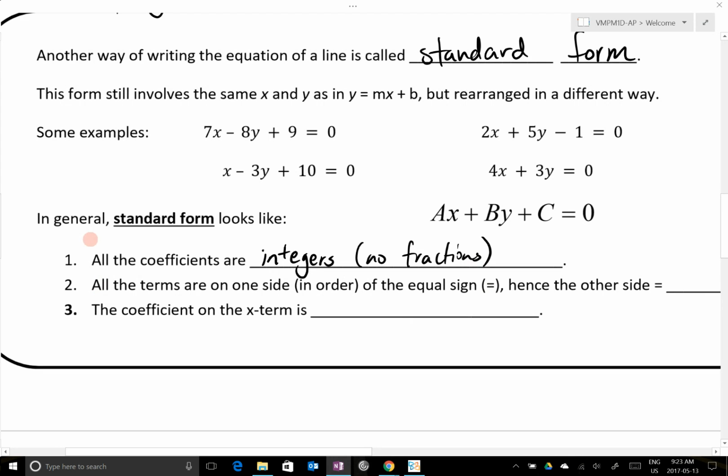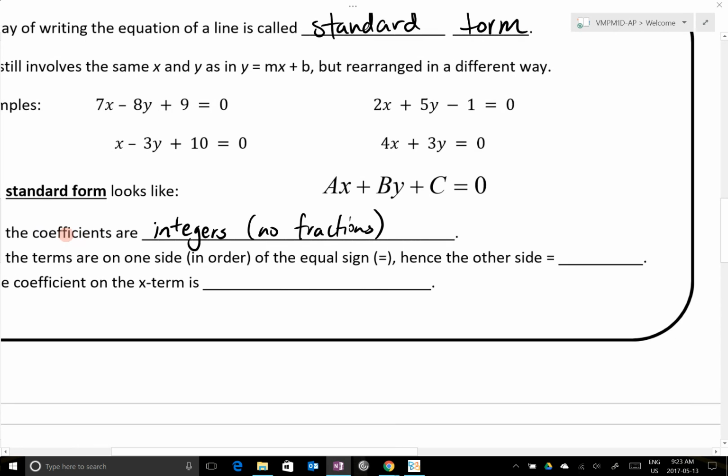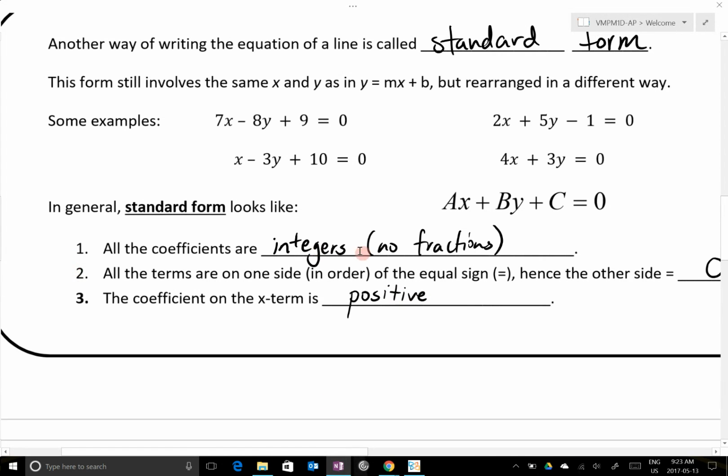All terms are on one side of the equal sign, and so the other side will always be 0. And the coefficient on the x term is positive. So this is what we call the standard form.